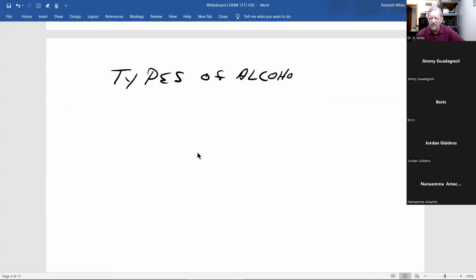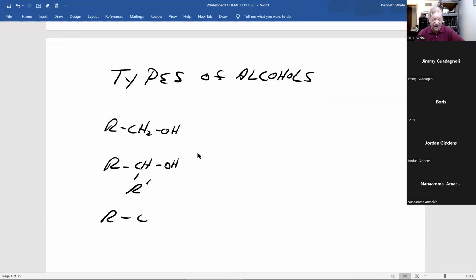This will never be on a test, but I'll use the terminology. Now, something I'm going to introduce, which I haven't talked about before, is R prime, and I'll explain it in a second, and R double prime.